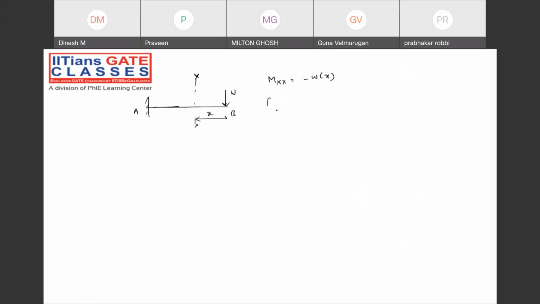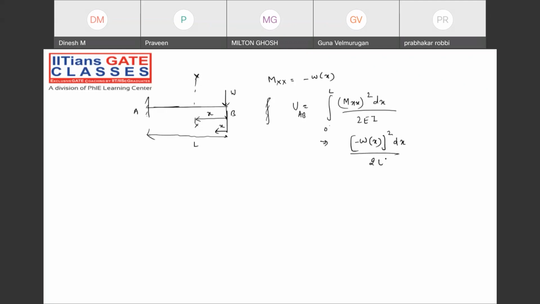Now, what will be the strain energy for this beam? For the beam AB, the integral of M_x whole squared dx divided by 2EI, from 0 to L. So W into X whole squared dx divided by 2EI from 0 to L. So W squared divided by 2EI, integral of x squared dx from 0 to L. So what is the U value?